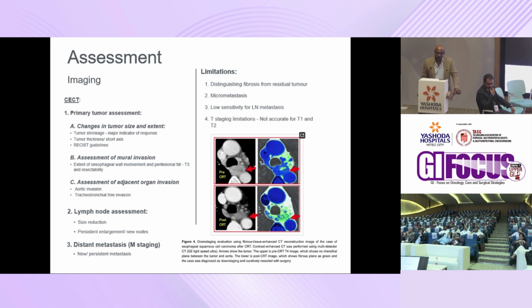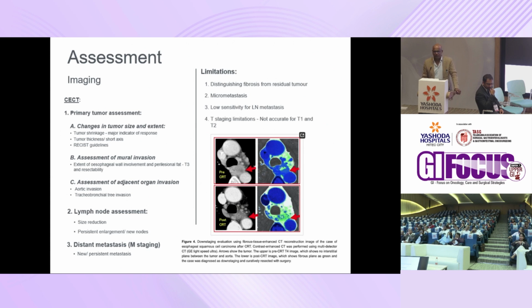Then we look at lymph nodal assessment, again size reduction. CT compared to endo-ultrasound is not that good in assessing the lymph node sizes and considering other features of metastatic disease. For distant metastasis, we usually take a chest and abdomen CT combined, which will give us more idea about whether there are any new metastases or persistent metastases that still exist, and whether the metastases have decreased.